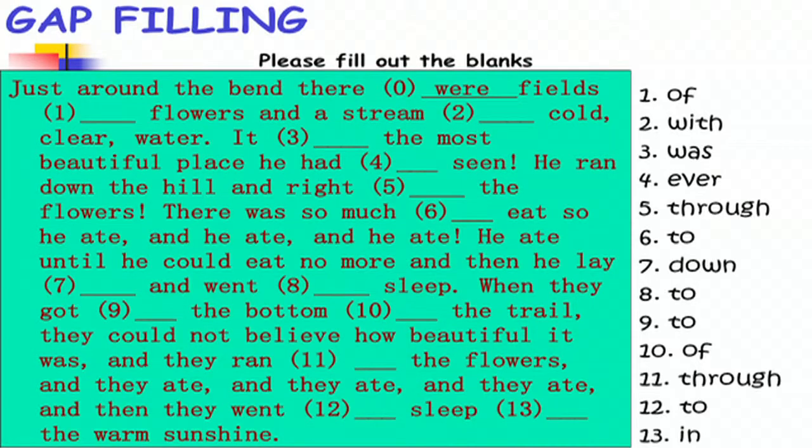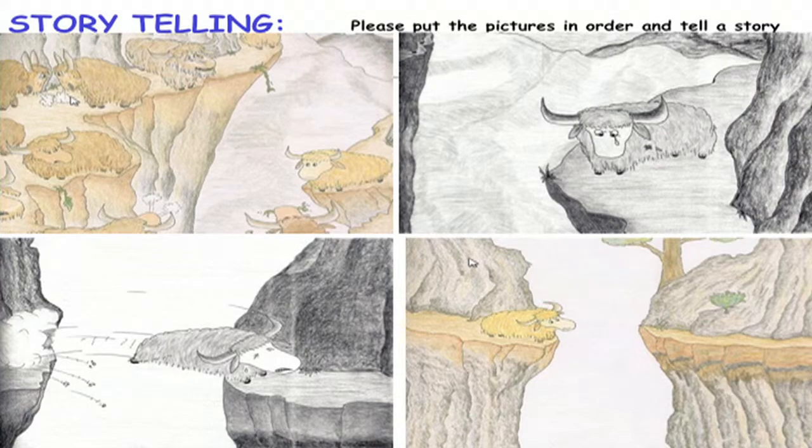This gap filling activity allows students to apply their knowledge of prepositions. And the next picture is about storytelling. Storytelling slides 1 and 2 allow the students to analyze and create a story based on the pictures.